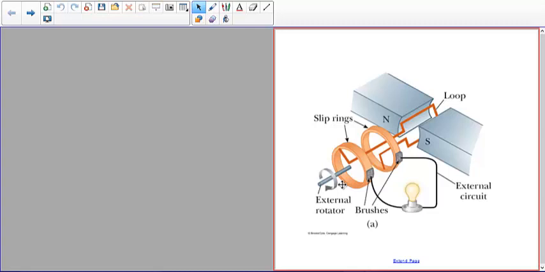Here you have to have some way of transferring the current from the moving part to the stationary part, which is your power supply. So you've got two rings here. You have a wire that goes to this ring, which is stationary, and this ring is rotating, connected to the coil.